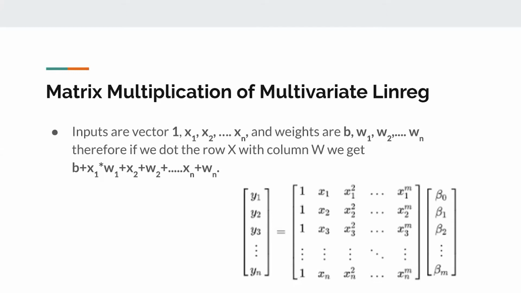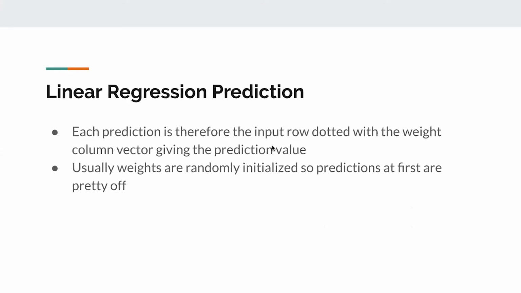When you're building the predictions, you have to multiply each of the different inputs by a different number. For instance, what we'll be doing later is predicting housing prices.